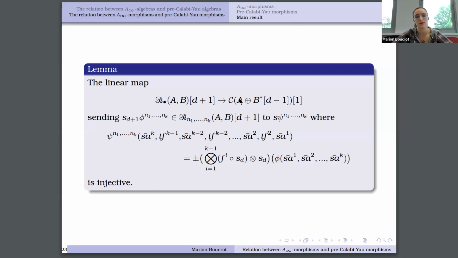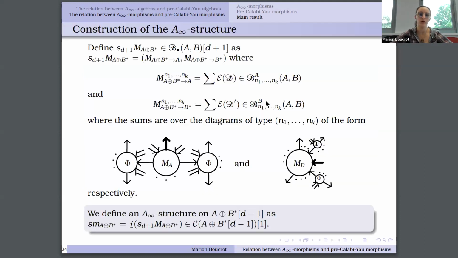So in order to construct our infinity structure on A plus B star shifted by D minus 1, we will first construct an element in this graded vector space and then apply this linear map. So the construction of the infinity structure is as follows.